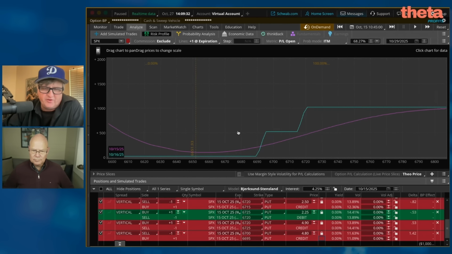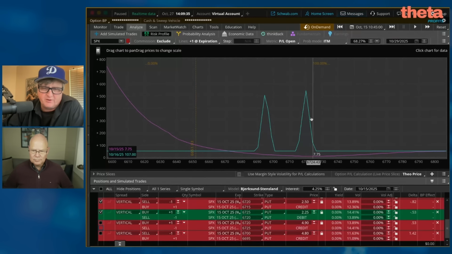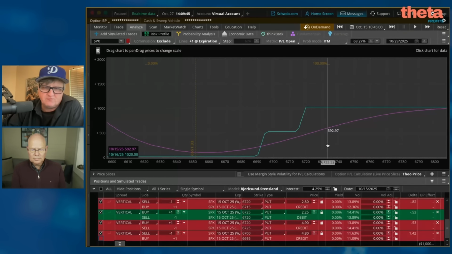So now we've released those outer wings, or we've ripped those outer wings off of those butterflies because they're so cheap. There's no more profit we can get out of them because we're trading down here. And it creates a structure like this where we're still risk-free. And if it moves back, we can make up to 520 here, and we can make up to 1,000 here.